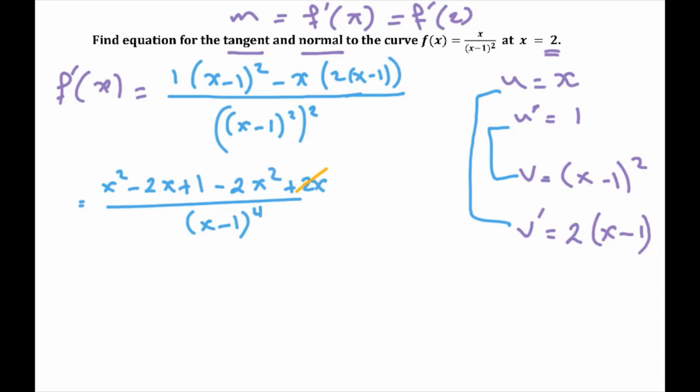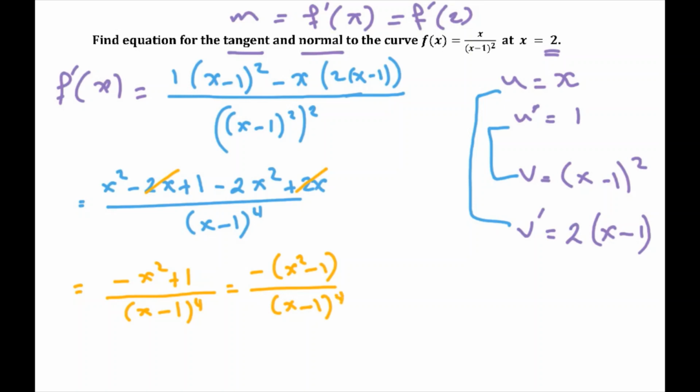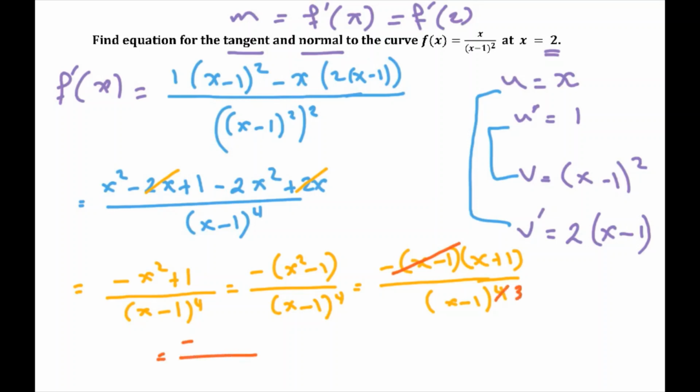Cross out these two. Now we can take a negative 1 as a common factor, and then factor difference of two squares. x minus 1 can cross out one of these, and this is going to be 3. So the final answer, negative x plus 1 over x minus 1 to the power of 4.